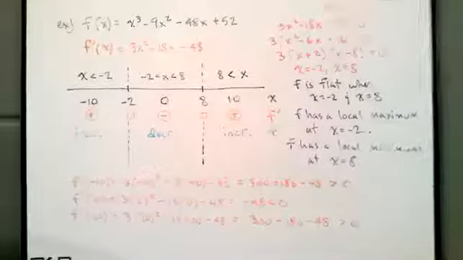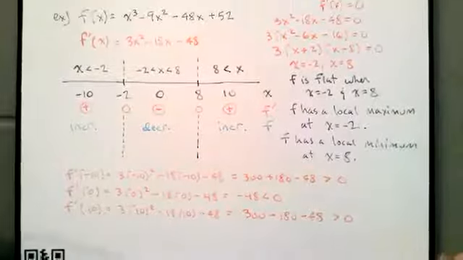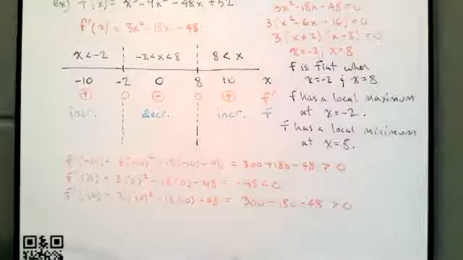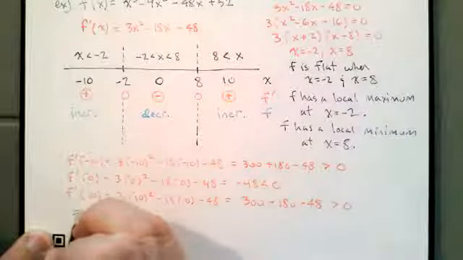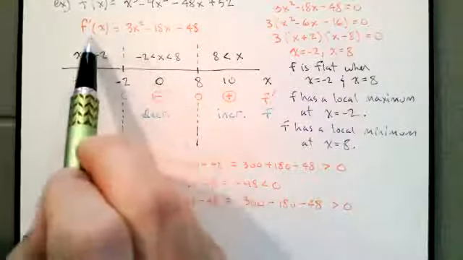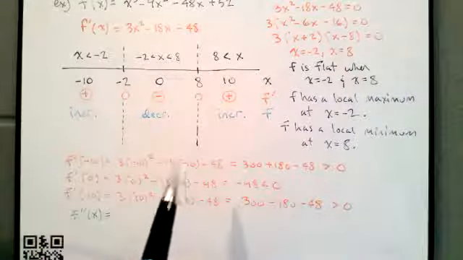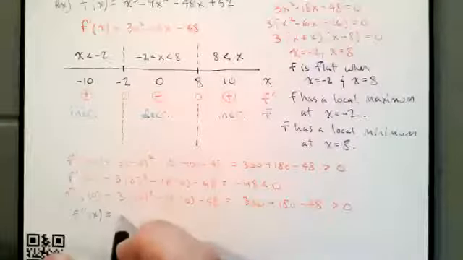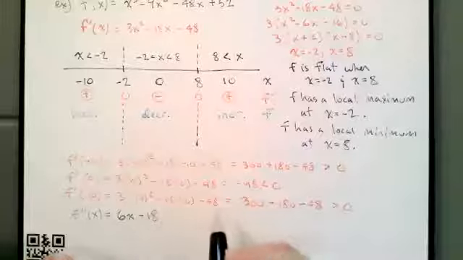But if we have the second derivative available, if we look at the second derivative, so f prime is 3x squared minus 18x minus 48. The second derivative, f double prime, will be 6x minus 18.